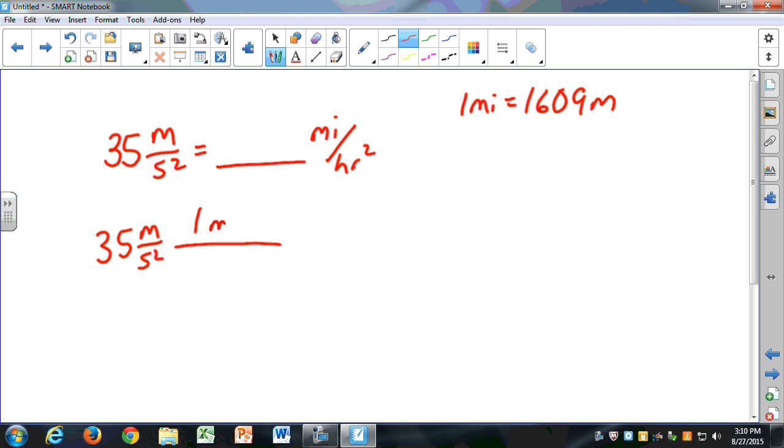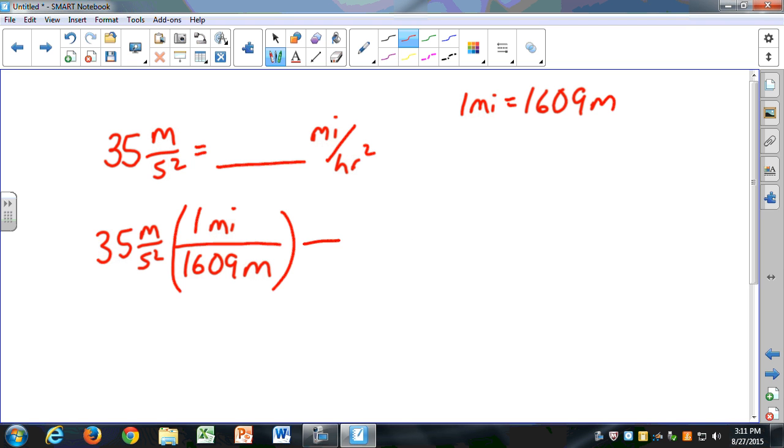In 1 mile, I get 1609 meters. But what do I have to do to that conversion factor? Do I have to square that one? No, I don't do anything to it. I just put parentheses around it. Okay.